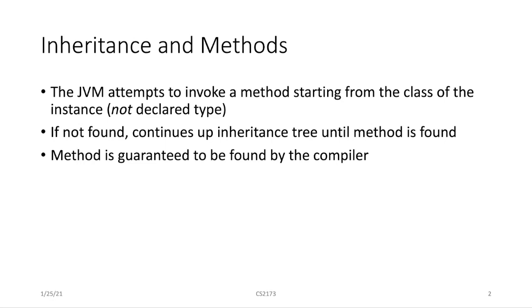And what the virtual machine does is, if I have an instance of a cat and I invoke get name, then the virtual machine will start with the cat and say something like, all right, cat, I need your get name method. Now, in this case, the cat did not define a get name method.